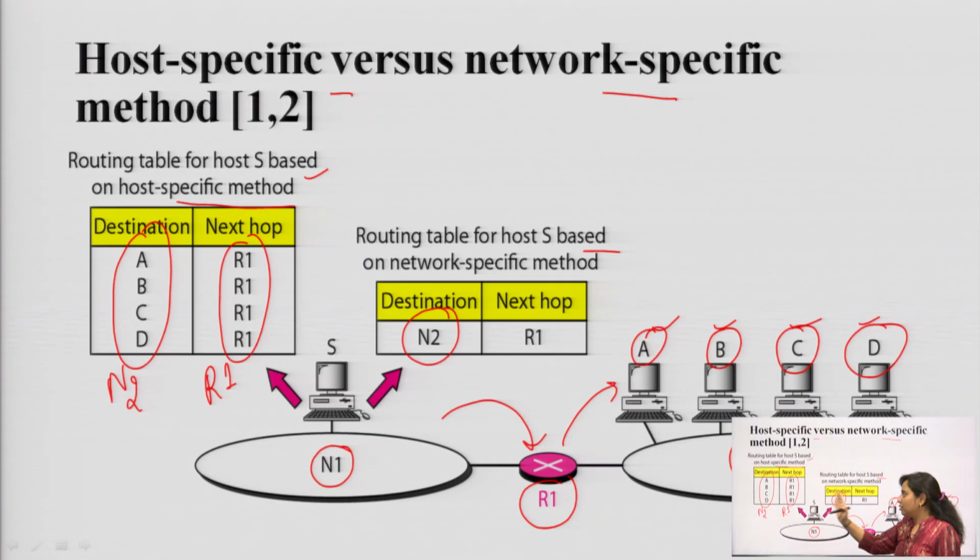So, if you compare these 2 entries, the second one is much simpler in terms of entries, and the first is the detailed version of the information. So, this is host specific versus network specific.